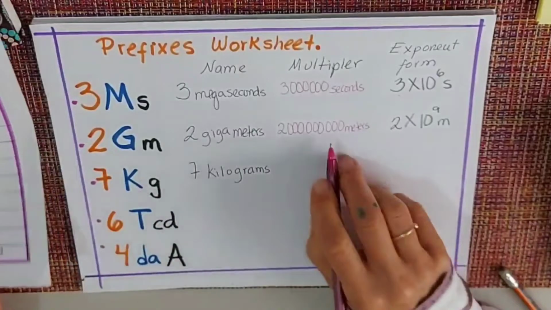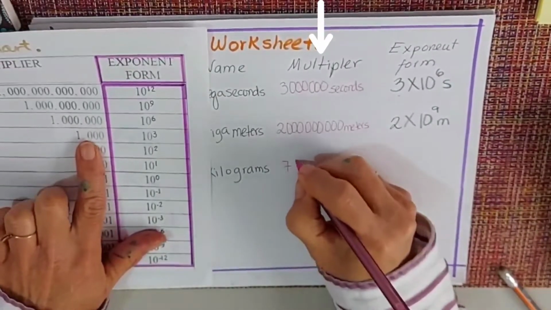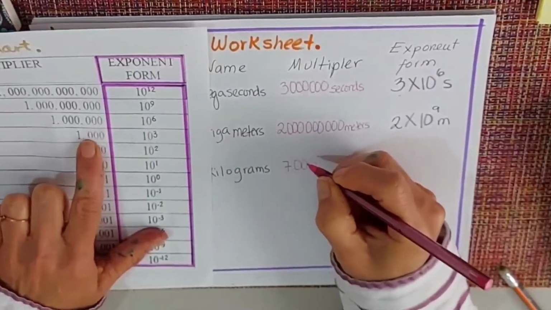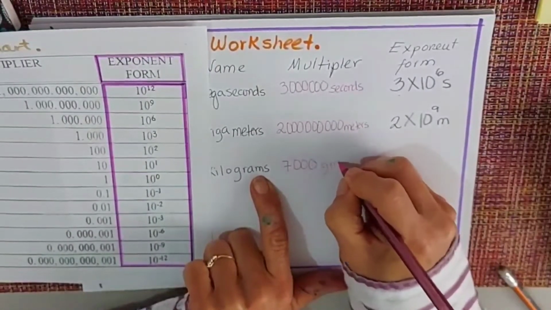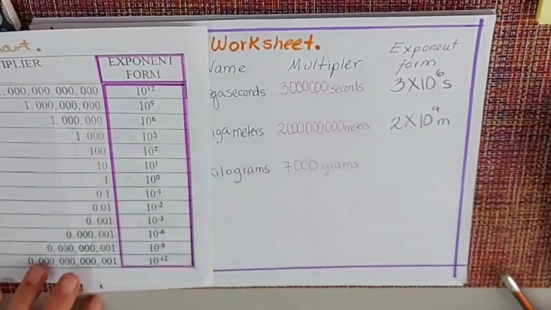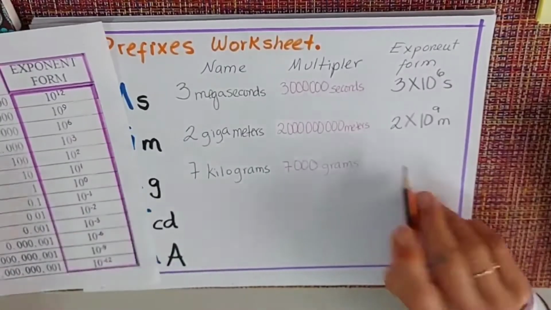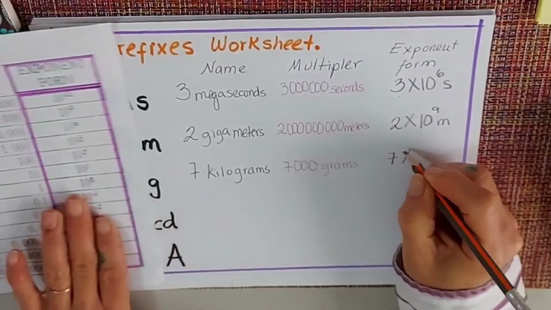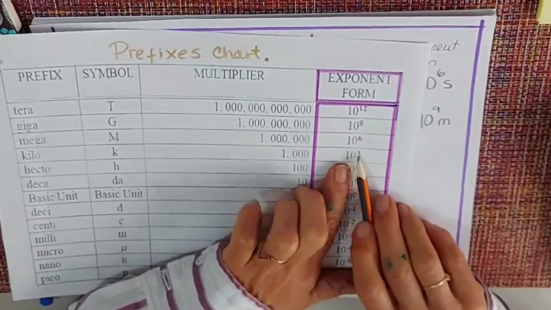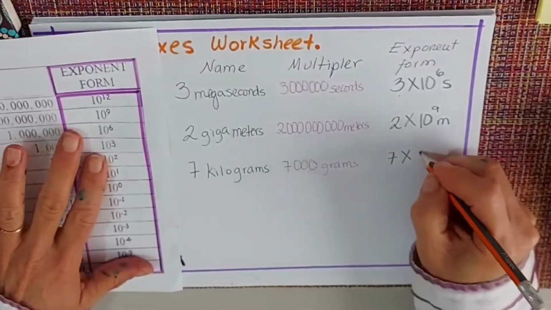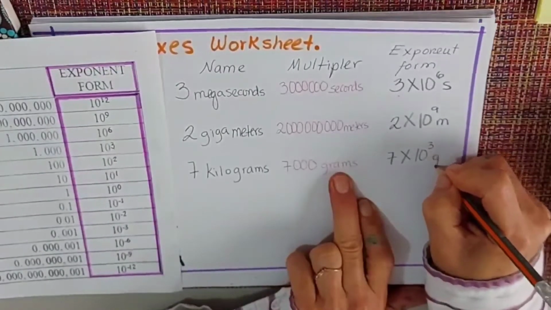And the multiple is 1000, 1, 2, 3, and we are going to write the unit, grams. And finally, the exponent form for this number is 7 times 10 to the 3rd power, and the symbol of grams is G.